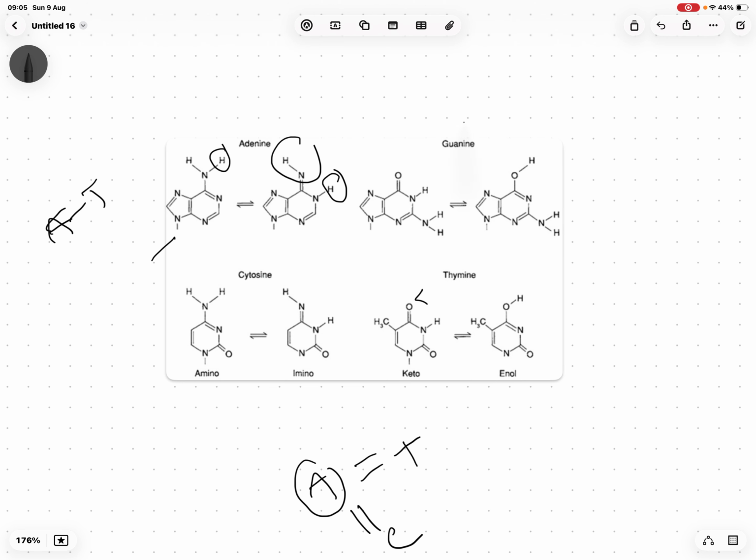Similarly, when we look into guanine, it usually pairs with cytosine. Instead of pairing with cytosine, this guanine pairs with thymine.